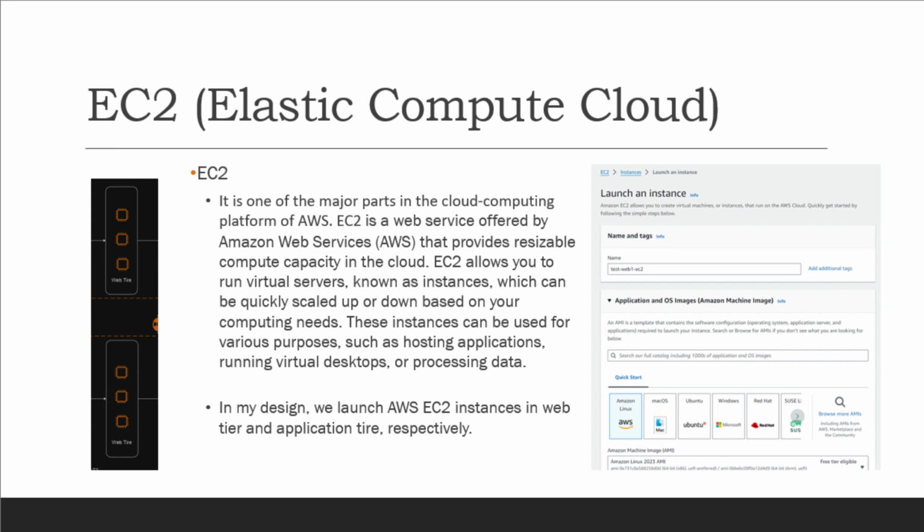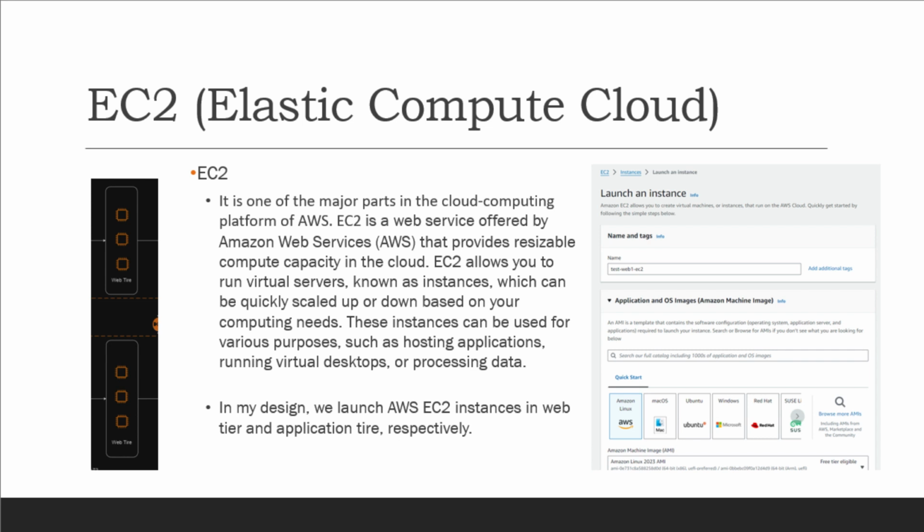Elastic Compute Cloud. This is one of the major parts of the cloud computing platform of AWS. EC2 is a web service offered by Amazon Web Services that provides resizable compute capacity in the cloud. This allows you to run virtual machines and servers, known as instances, which can quickly be scaled up or down based on your computing needs.